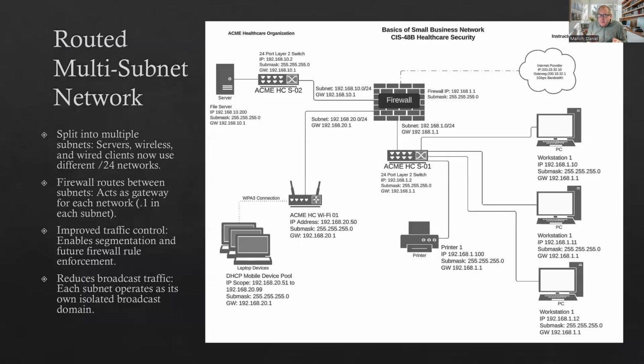If you've got a network map that has a whole bunch of devices on it, a bunch of printers, a bunch of workstations, a wireless network, I want you to take a good look at that, try to simplify it a little bit, and then break those into their own subnets, all managed by a firewall. All right, does that make sense? If it doesn't, reach out to me and we'll walk through your network map together.